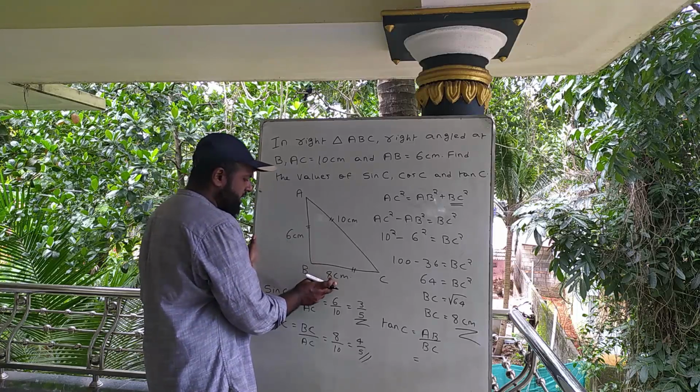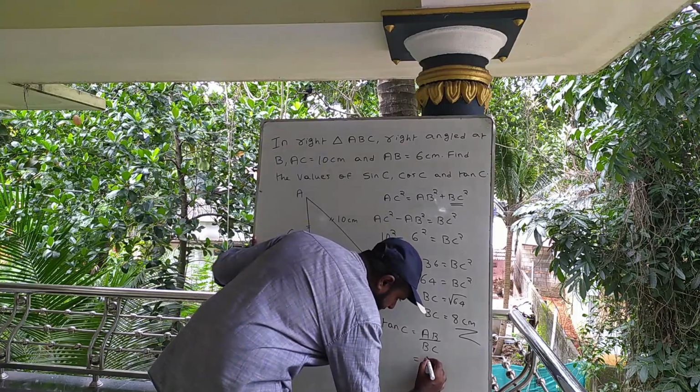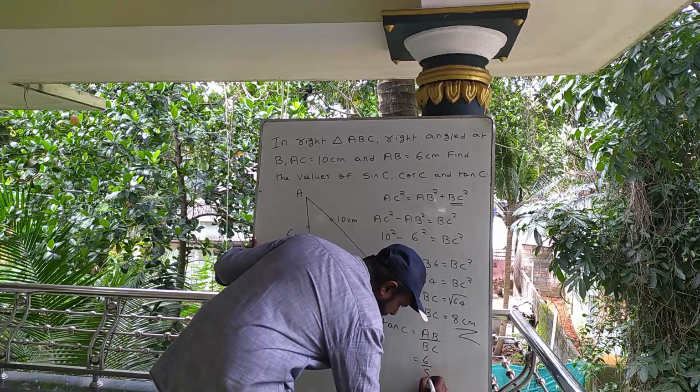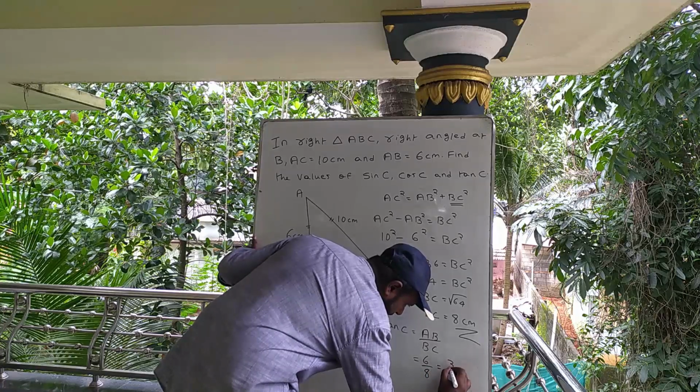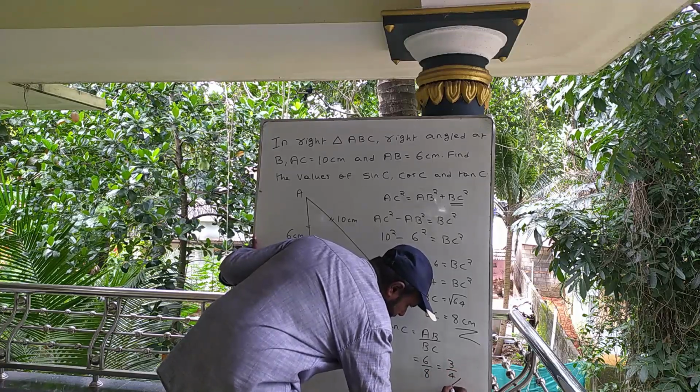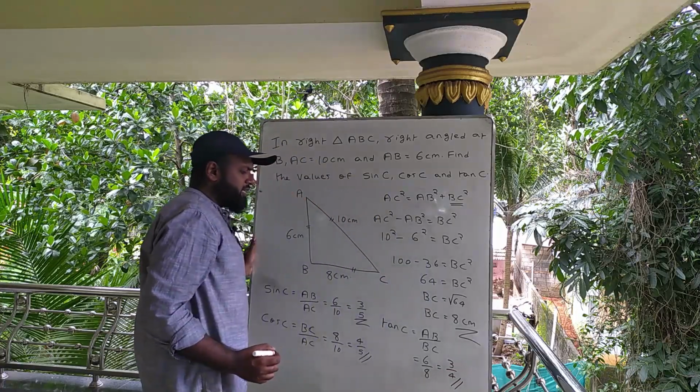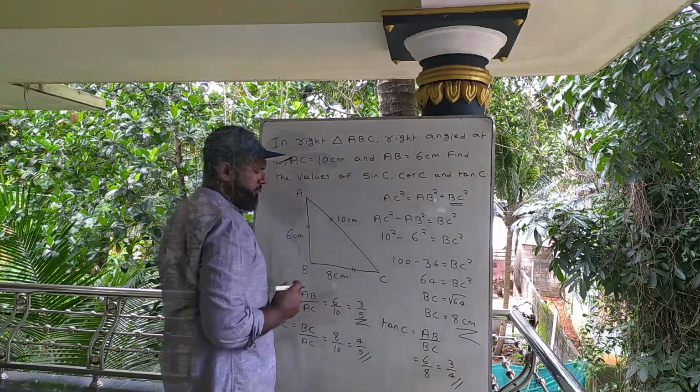What is BC here? 8. Equal to 6 by 8 equal to 3 by 4. We got tan C as 3 by 4.